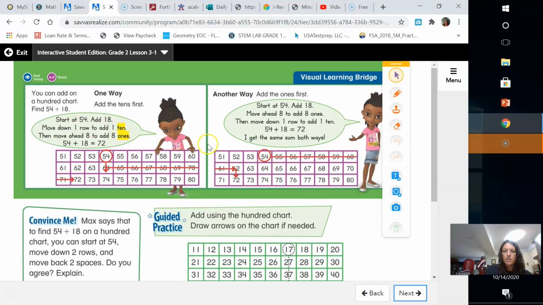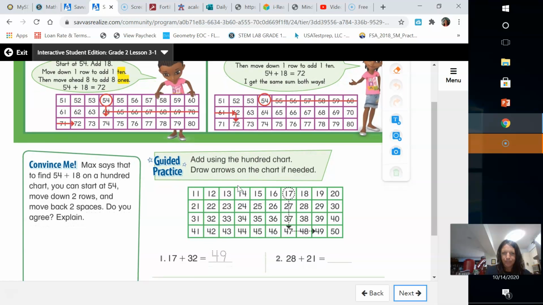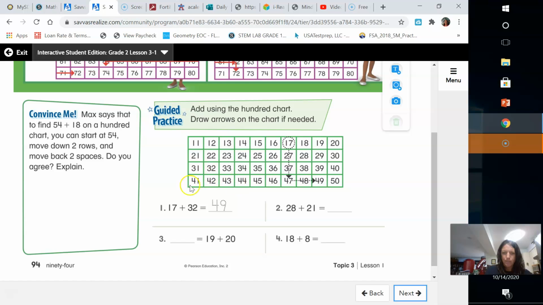Now here is exactly what they did in the video. This is when they added the 10 first and then went across the 8 ones. Here's when they went 8 ones first and then went down the tens. So if you get confused, you can look back up there and figure it out. They actually are showing you this first one.